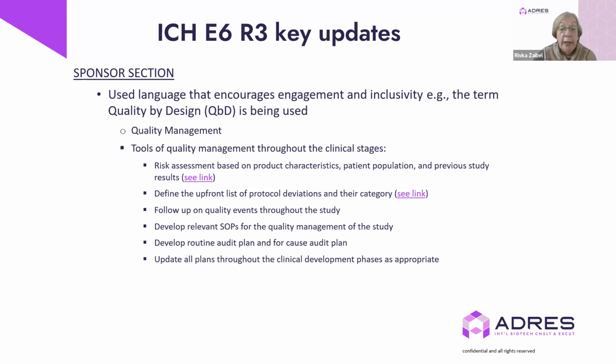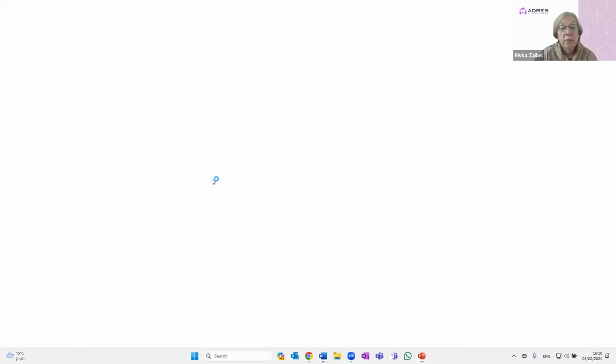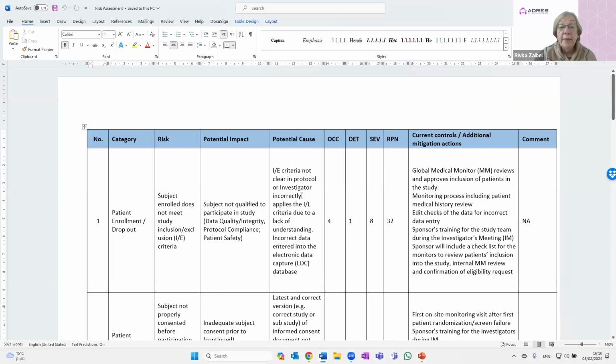I will really quickly go to the link which presents an example of risk assessment. As you can see, you have the category of the risk, which is patient enrollment, dropout, the risk itself. I will go through all the columns, and then we can take some examples.